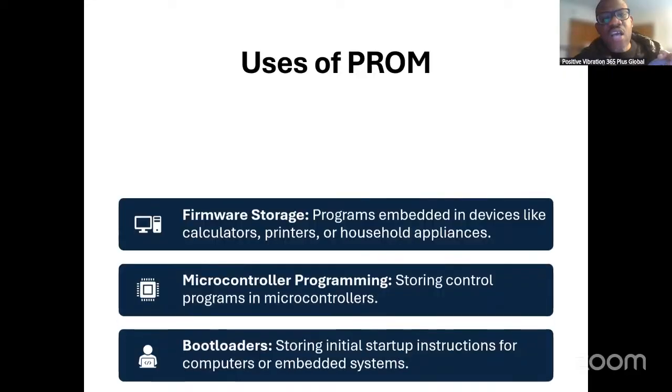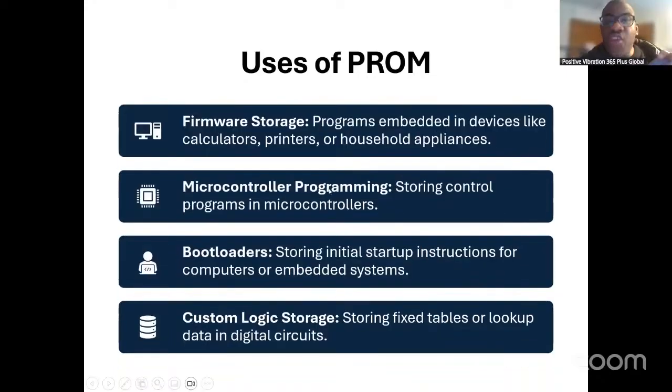By firmware, we mean programs embedded in devices like calculators, printers. Remember we talked about the washing machine and the microwave that cannot be changed. We just have one function. Yes, that's an example. Firmware is embedded in devices like calculators, printers, household appliances, and they cannot be changed.